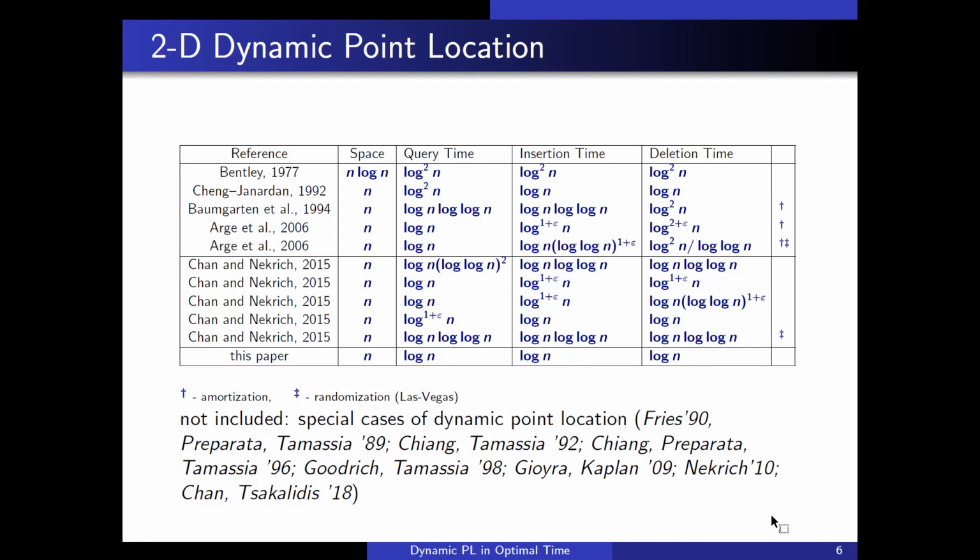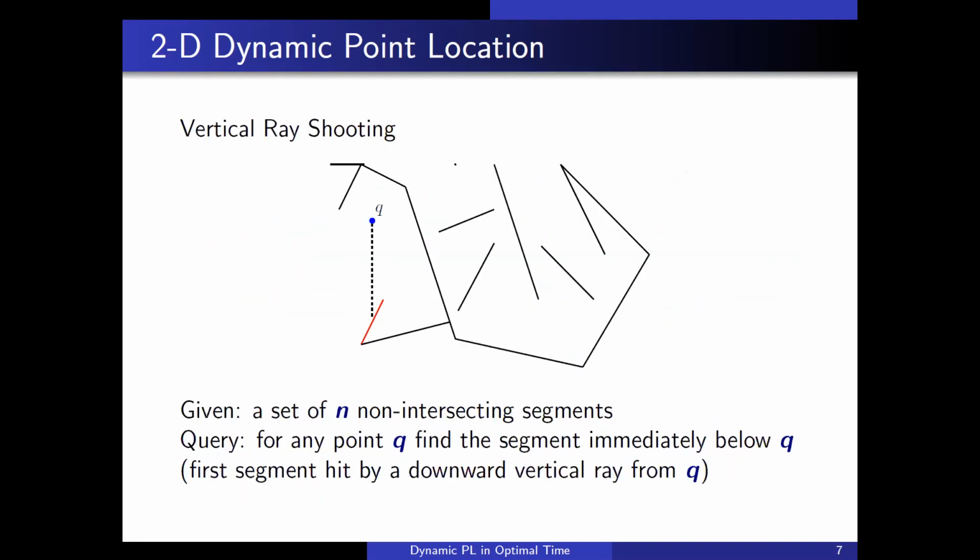So now, when we solve the dynamic point location problem in its most general form, we usually do it by solving another problem, which is called vertical ray shooting. In the vertical ray shooting problem, we're just given a set of n non-intersecting segments, like here. They do not necessarily constitute a subdivision of the plane.